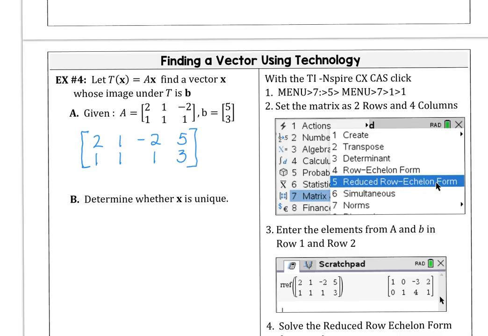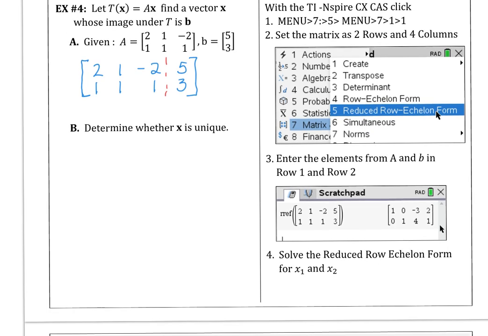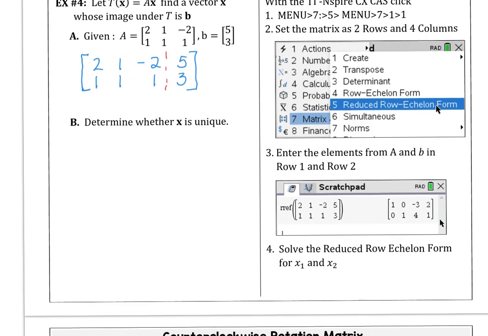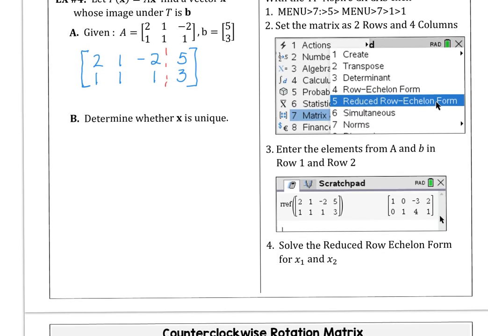Now if we were working this out by hand, I'd put a little dotted line there. Next, we want to solve using the reduced row echelon form for x1 and x2. And you can see our calculator is going to give us that solution set here. Remember, the identity matrix is on the left and our solution matrix is on the right.